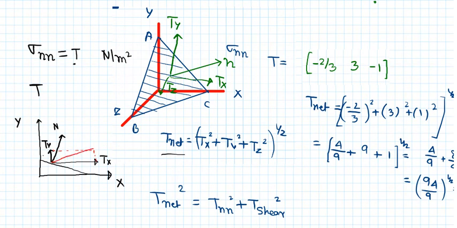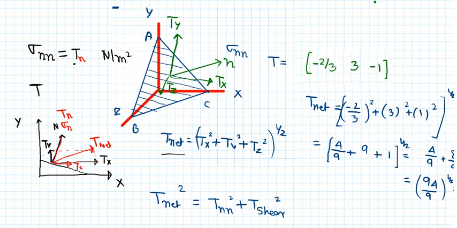And what will be its direction? Its direction is different from the normal stress, or you can say T normal, rather put Tn. So this is the net force, and this is the stress normal to the plane, or traction force normal to the plane, this one. And of course there will be a shear stress also, or shear force acting also.